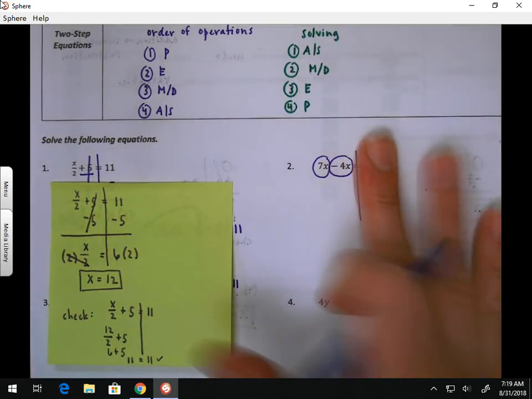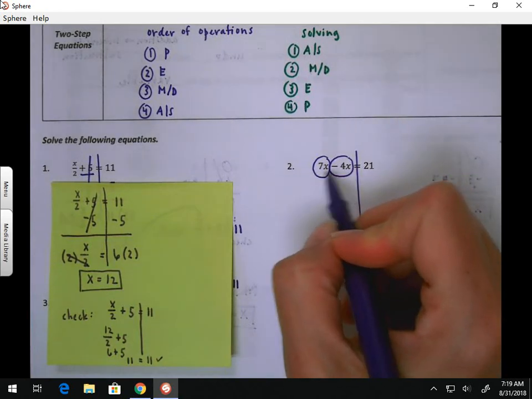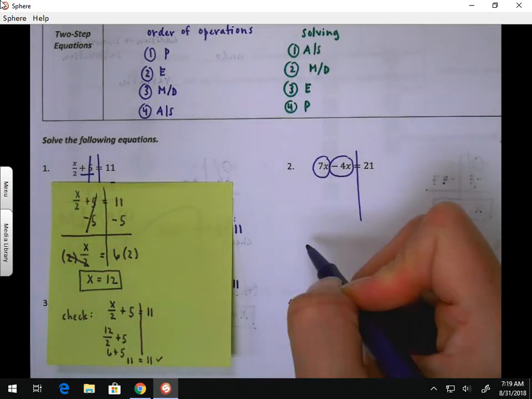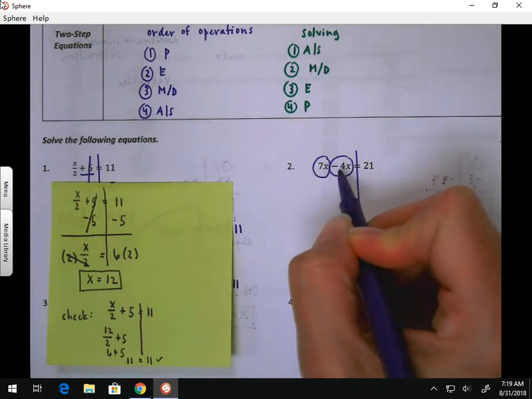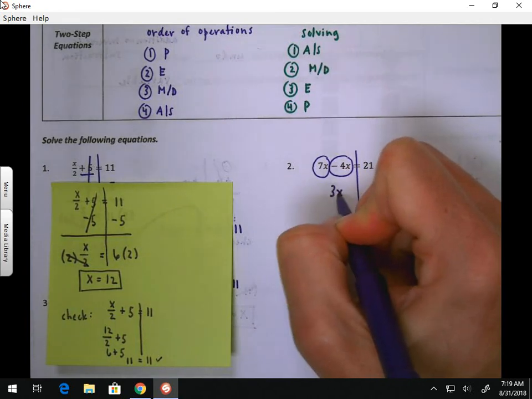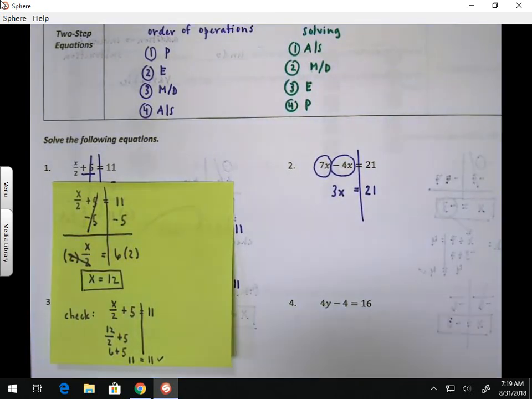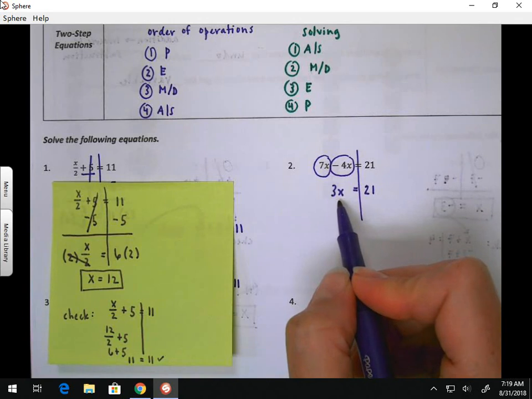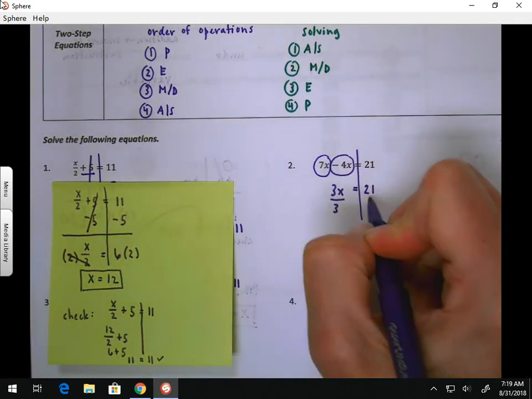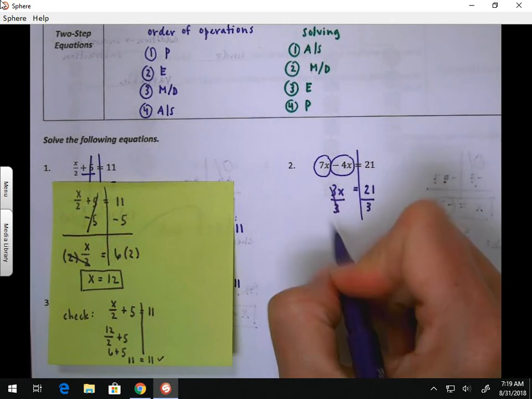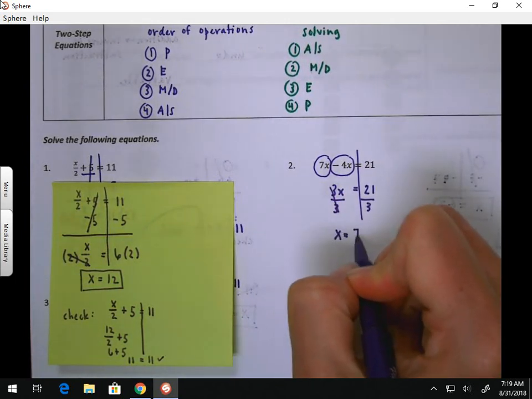If I take 7x minus 4x, since this is a minus, I'm going to subtract those coefficients. So 7 minus 4 gives me 3x, which is equal to 21. Now I just have my nice one-step equation left. To undo this multiplication, I'm going to divide on both sides, and I have x is equal to 7.